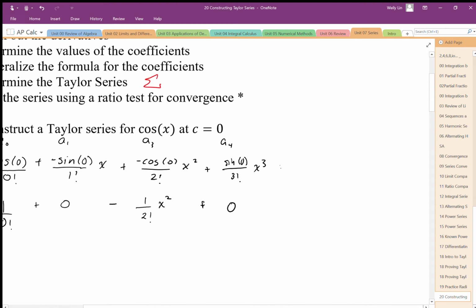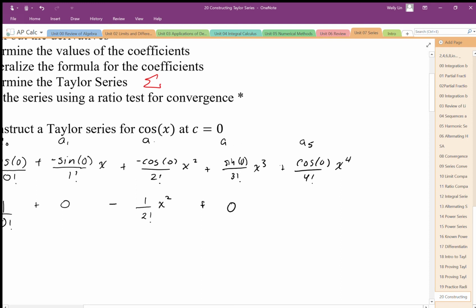So plus, this is going to be my a5. You may already start recognizing that every odd term is going to be the ones that we're going to use. This is going to be cosine of 0 over 4 factorial, and so we're going to end up with x to the power 4 on this one. 2, 3, sorry, we missed 2, didn't we?